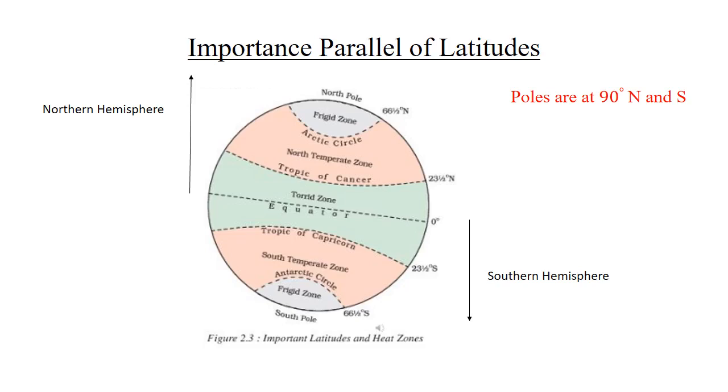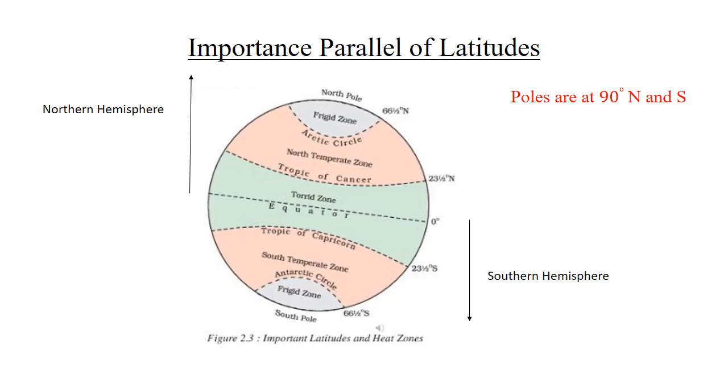Now, if we move ahead from the equator, you can see the Tropic of Cancer. The Tropic of Cancer is again an imaginary line which exists at 23.5 degrees north. Now, if we move ahead a little bit to the top, we can see the Arctic Circle, which is at 66.5 degrees north.